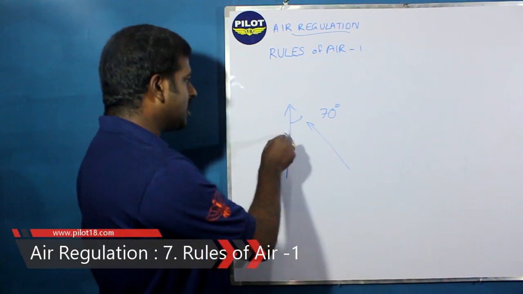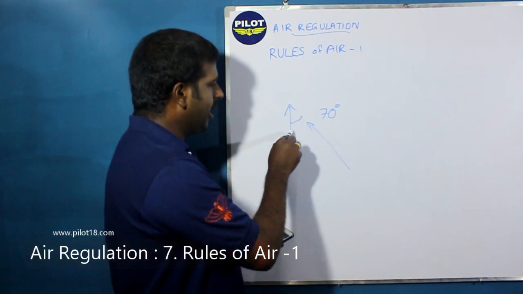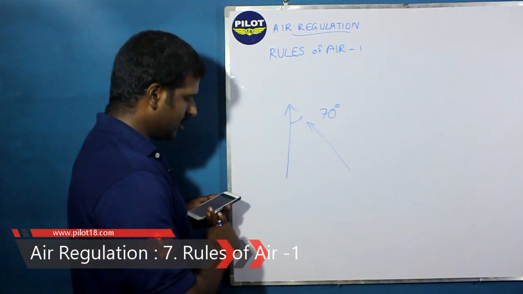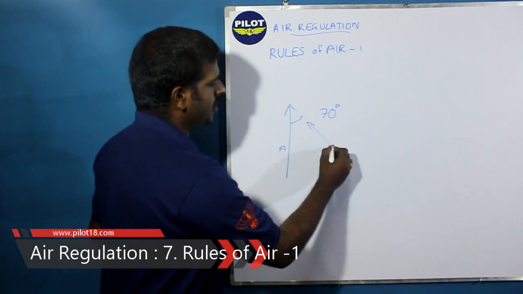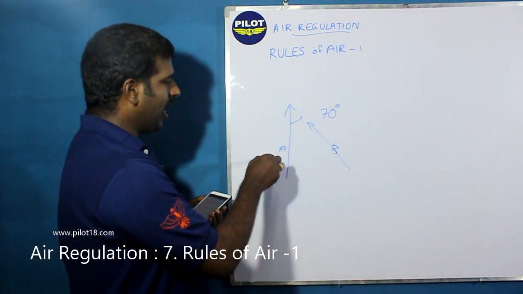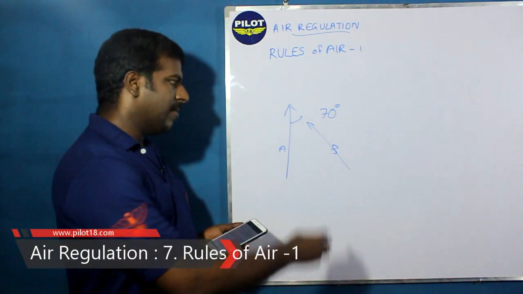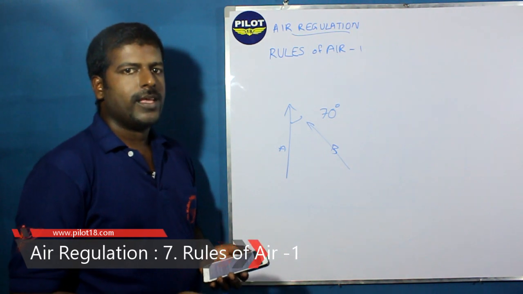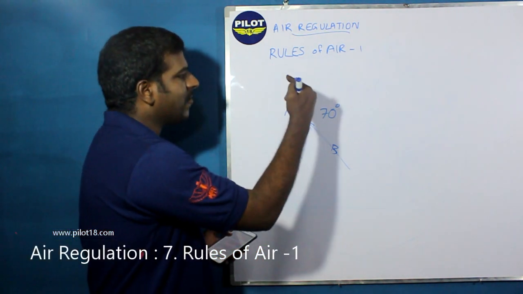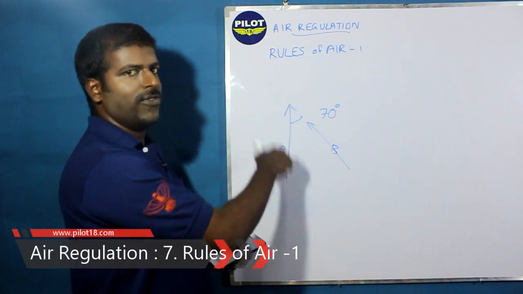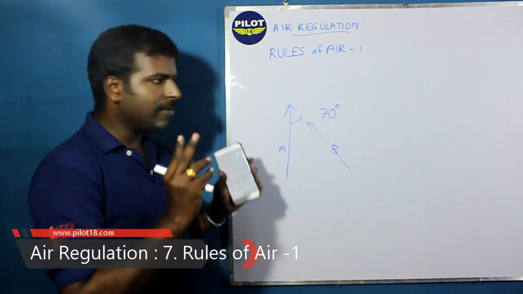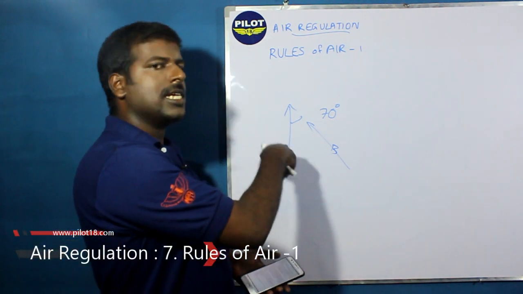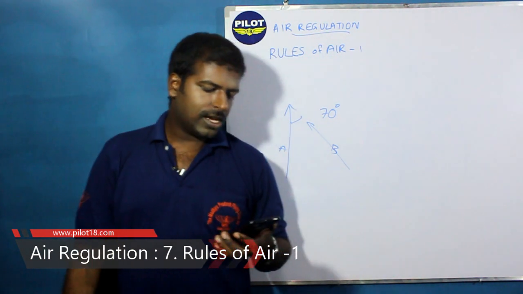The aircraft which has the other aircraft on its right has the right of way. This aircraft is A and this one is B. In this situation, A has the right of way. That means B has to give way to aircraft A. Remember, you have to visualize this. During converging, the aircraft which has the other aircraft on its right has the right of way.